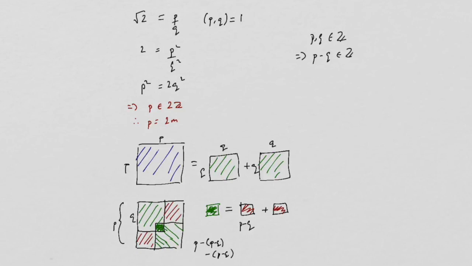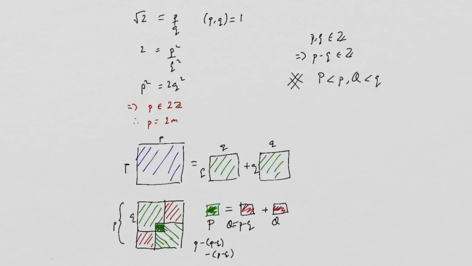And there's our contradiction. So if we give these a letter, we'll call this one big P and these two big Q, then we have found a contradiction, because big P is less than little p, and big Q is less than little q.